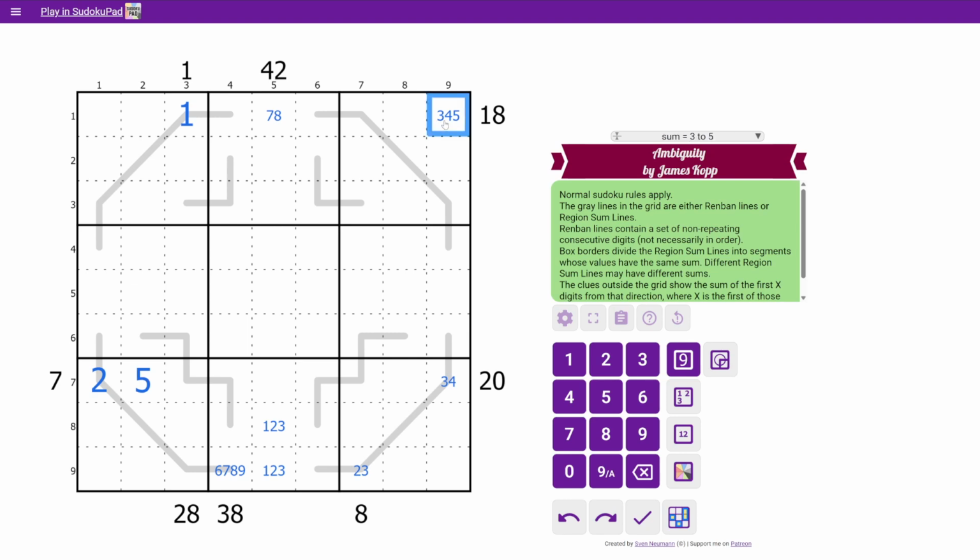If this was with a 5, it would include this cell, and this would have to be a 7, and these would have to be 1, 2, 3. This one is kind of very interesting.